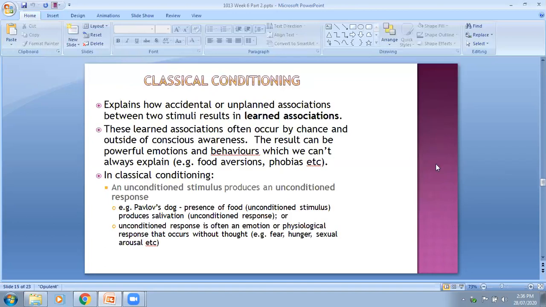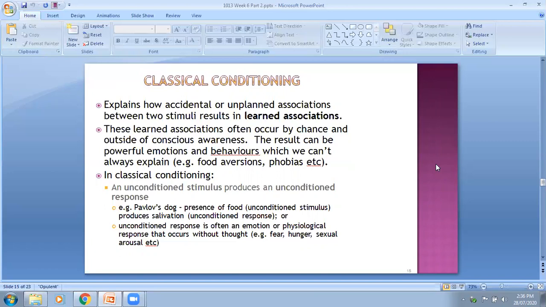Okay, so from watching the clip, you will see how accidental or unplanned associations between two stimuli can result in learned associations. So in the case of the dogs, they learned that when the person was coming towards them originally, that meant that they were going to be fed. They started to pair the food with the bell, and eventually when they heard the bell, they started to salivate because they associated that with food.